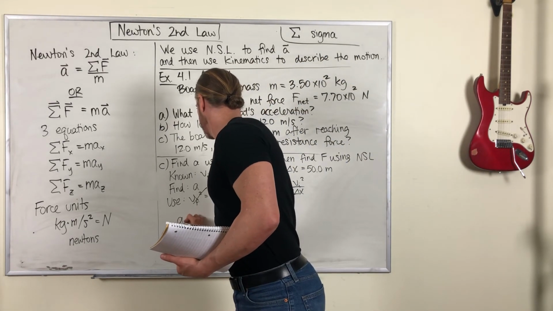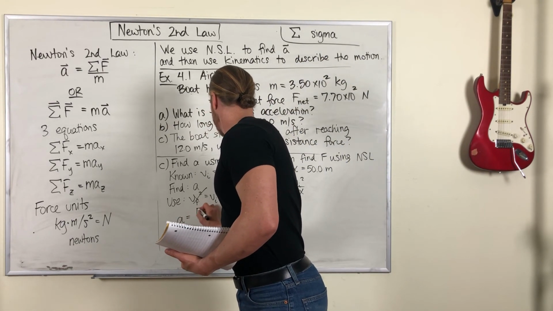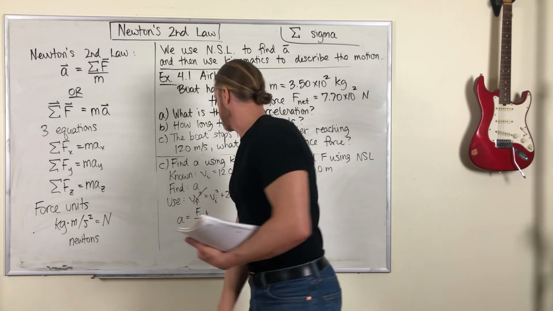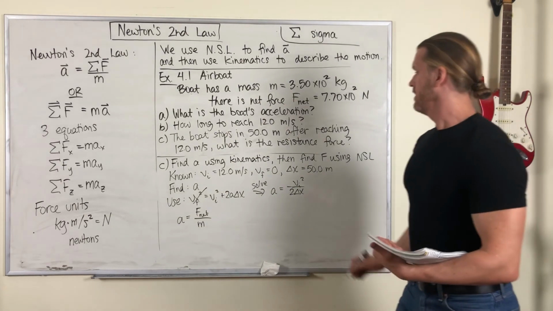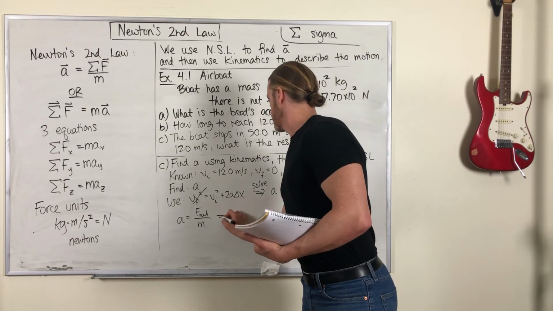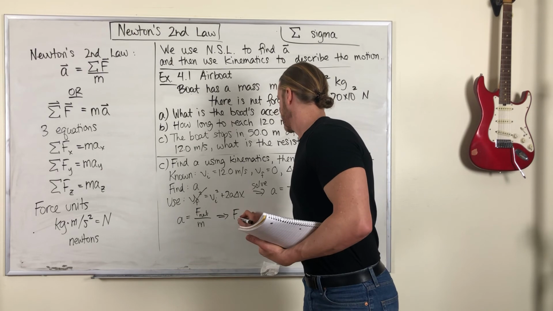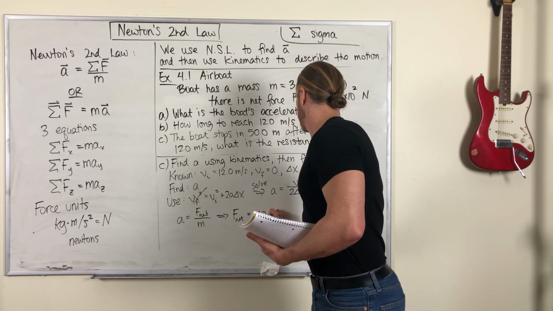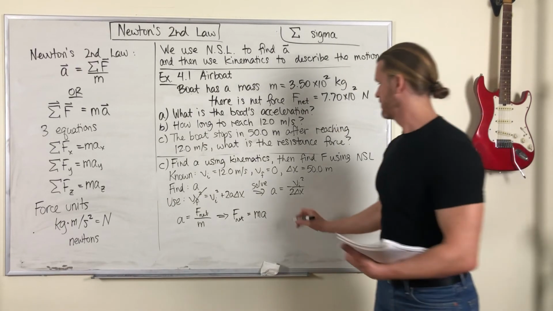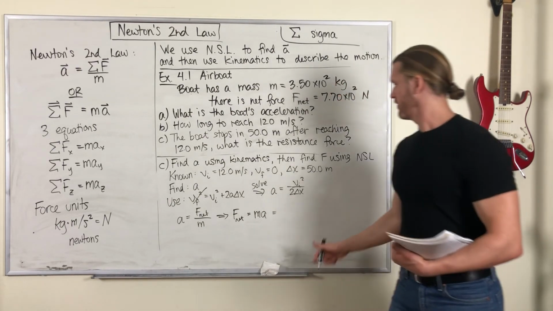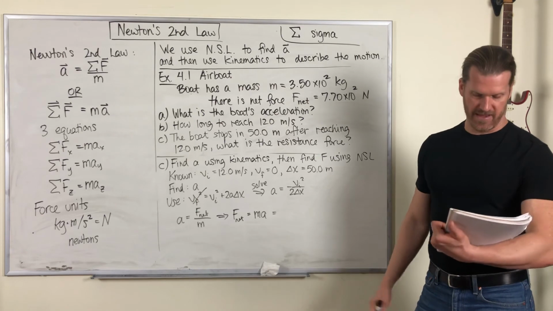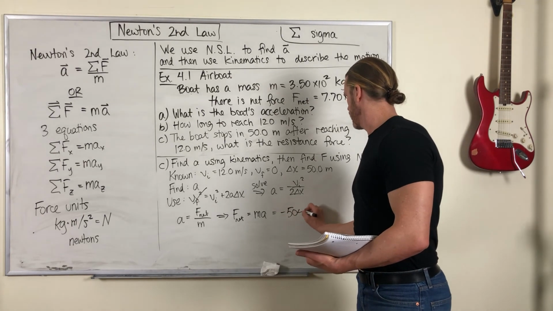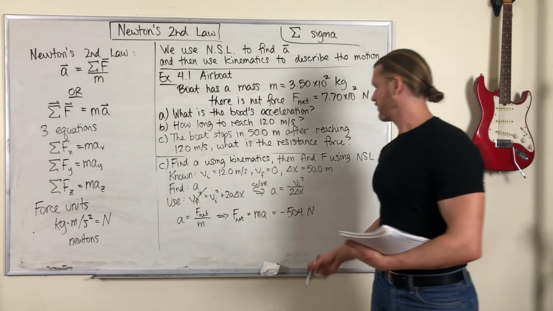We can say A equals F over M, which implies that this force is going to be M times A. So we just multiply this A by the mass and we get minus 504 newtons.